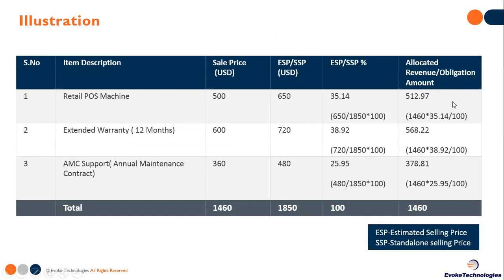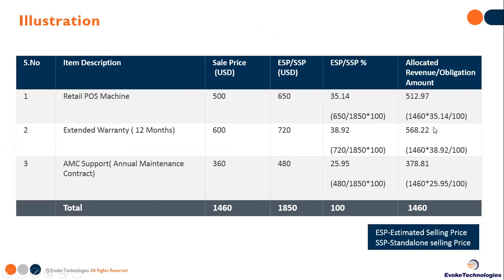In the last column, the allocated revenue or obligation amount for the retail POS machine is 512.97, which is 1,460 transaction price into 35.14 percent. Similarly, for warranty it is 568.22, and for AMC support it is 378.81.